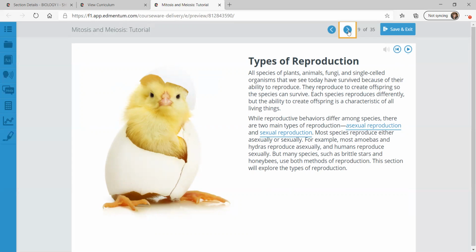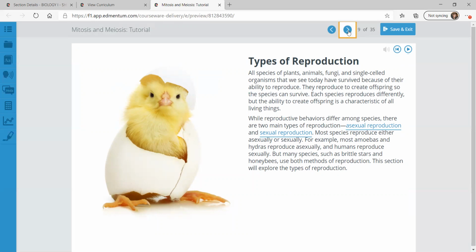While reproductive behaviors differ among species, there are two main types of reproduction. We have asexual reproduction. A means not before a word as a prefix. So that means not sexual reproduction. And then we have sexual reproduction.